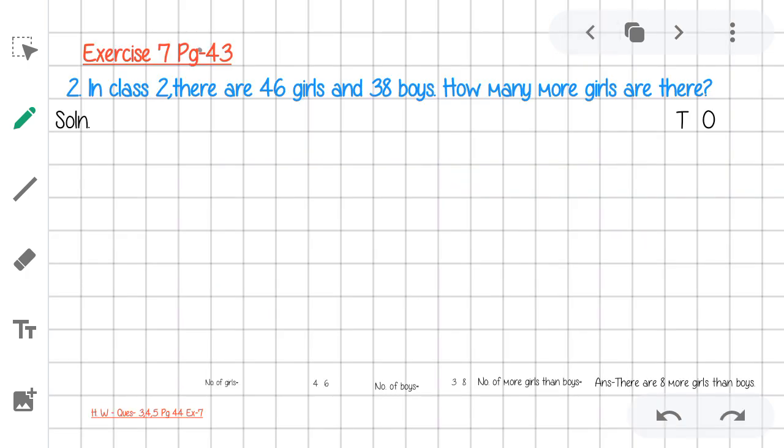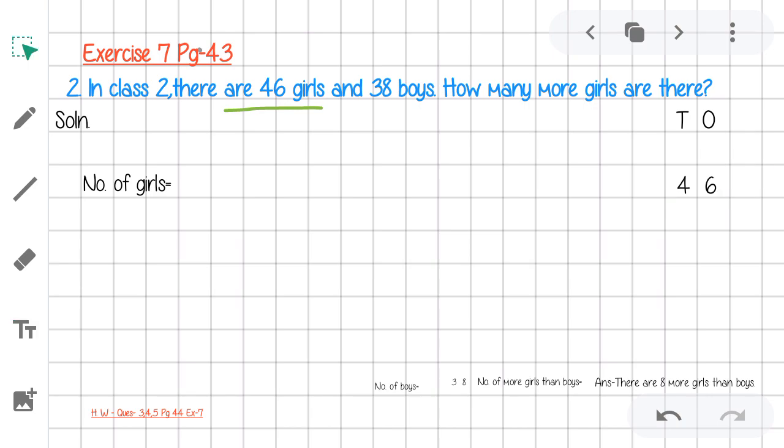The first step will be for the number which is bigger here, that is 46. So what will be the step for this? That will be number of girls. And how many girls are there? There are 46 girls. That we'll write in the last two blocks below, tens and ones column.